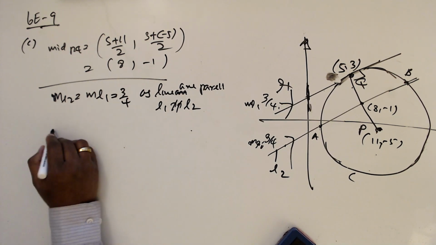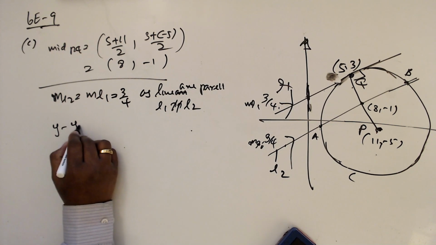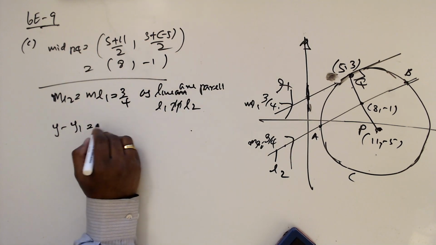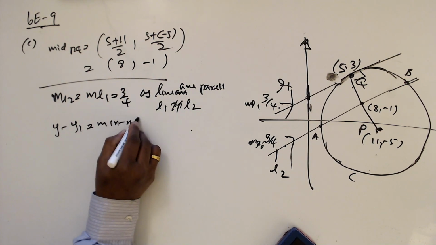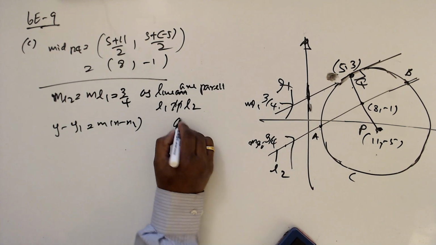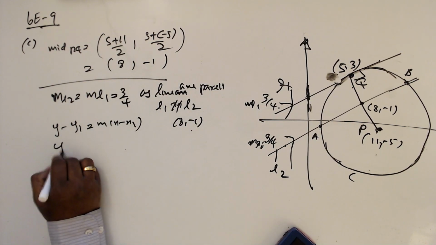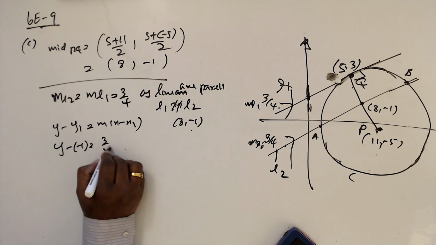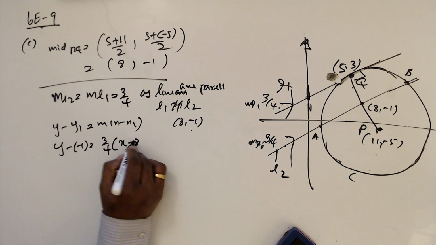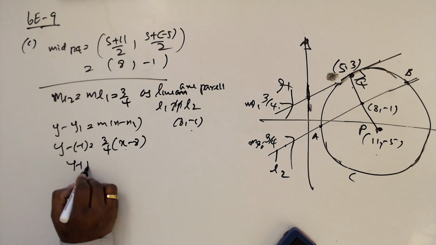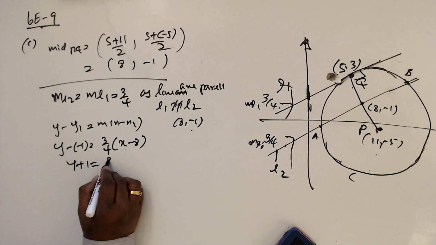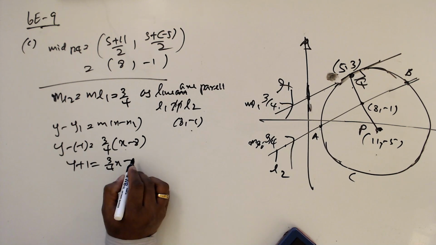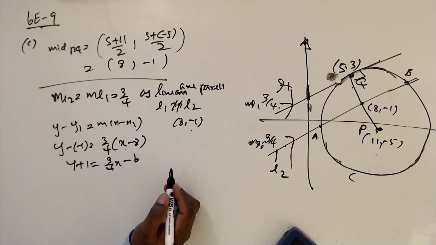Then I'm going to use this one, y - y1 = m(x - x1). The point is (8, -1). So y - (-1) = 3/4 (x - 8). So y + 1 = 3/4 x - 6, since 3/4 times 8 is 3 times 2, which is 6.